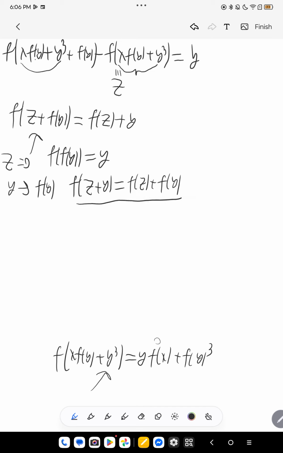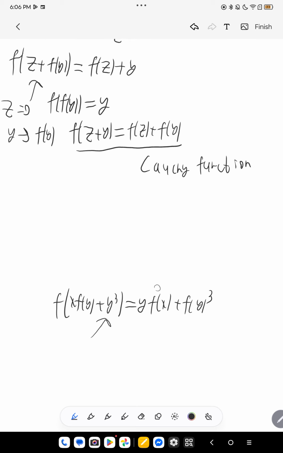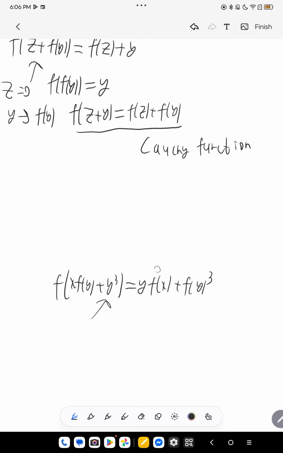So this is a Cauchy function. Okay, and this will be useful to finish our problem.